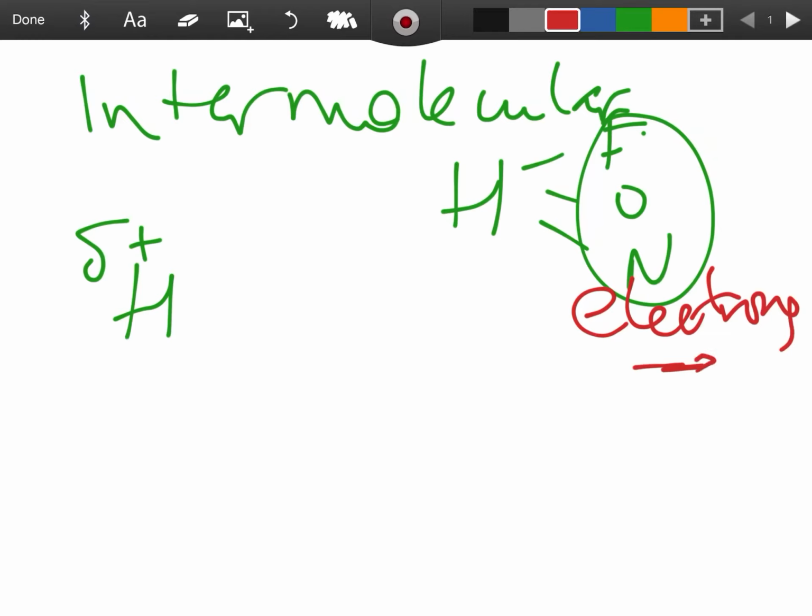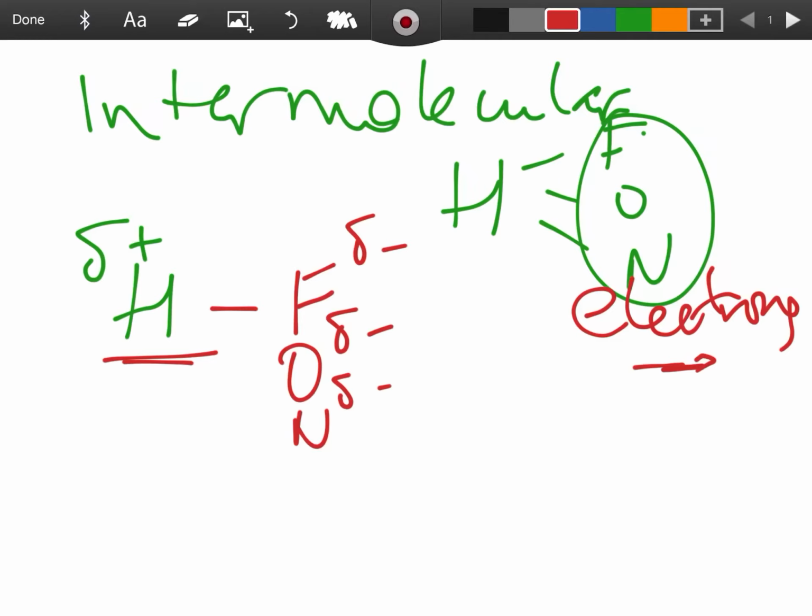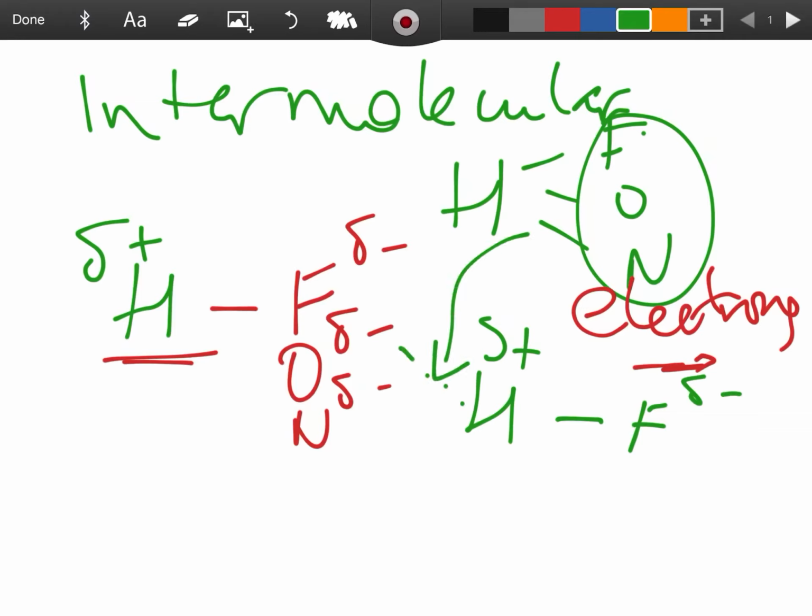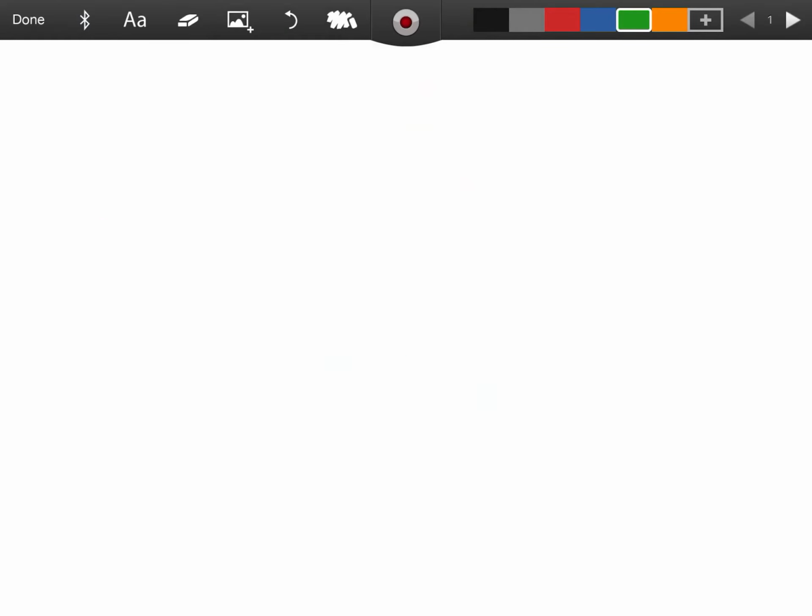They'll always take the electrons. So you could say that you've got slightly positive hydrogen atom always bonded to slightly negative either fluorine, oxygen or nitrogen, and that then you're going to have interaction between. There are the hydrogen bonds, look there, the interaction between one molecule, say of HF, and the next molecule of HF, and you could always draw a diagram.